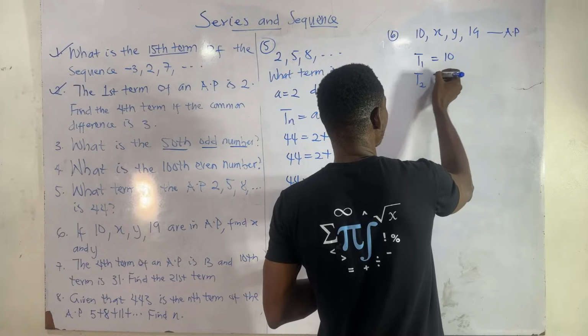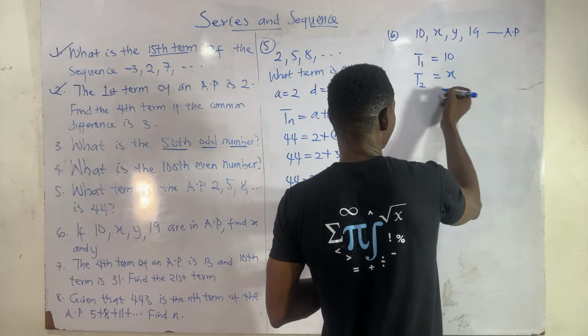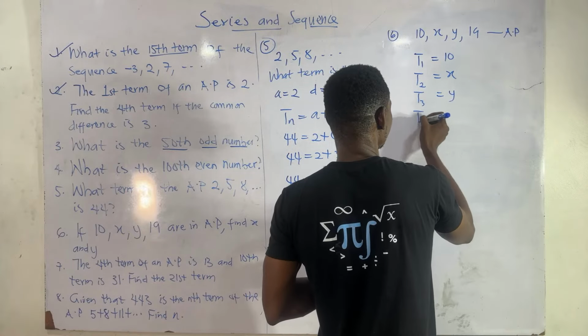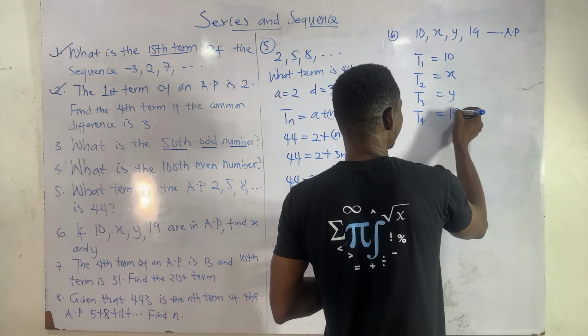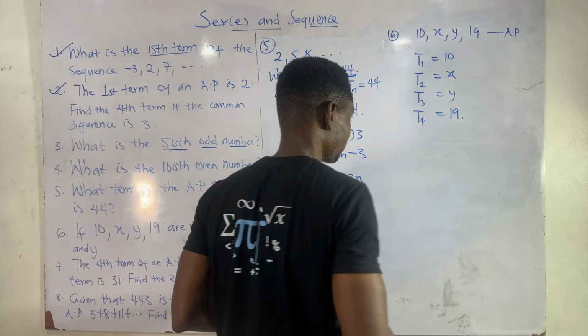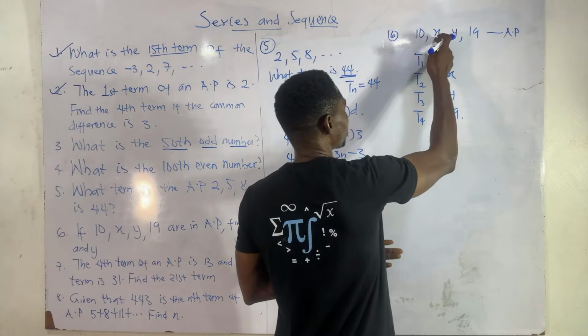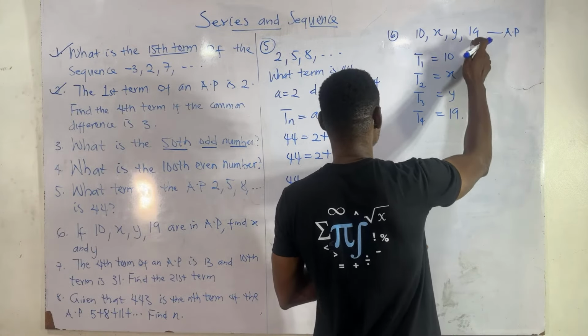Our second term, the answer is x. Our third term, the answer is y. And our fourth term, the answer is 19. From the question, first, second, third, fourth. So this is our last term also.